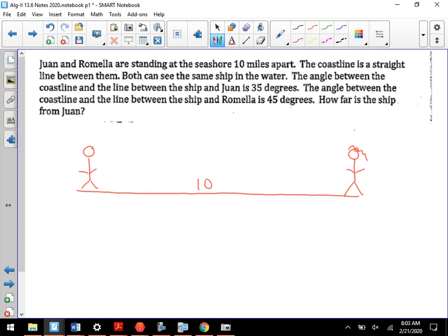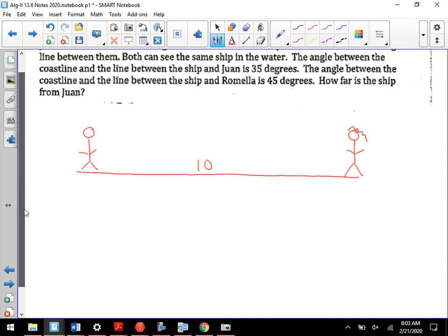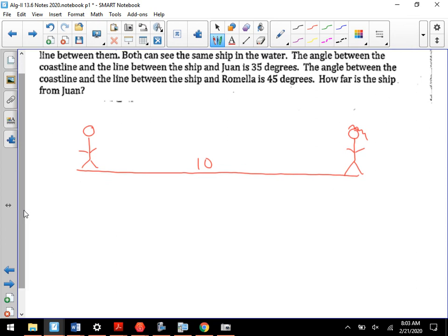Now, the coastline is a straight line between them. Both can see the same ship in the water. So we need to draw a boat.